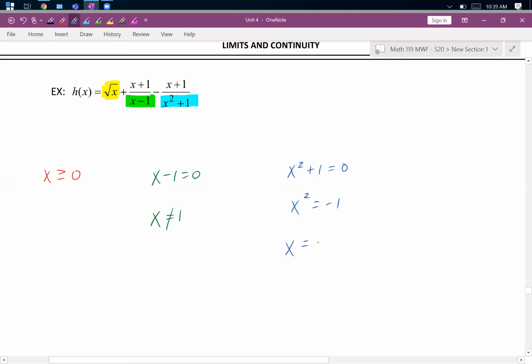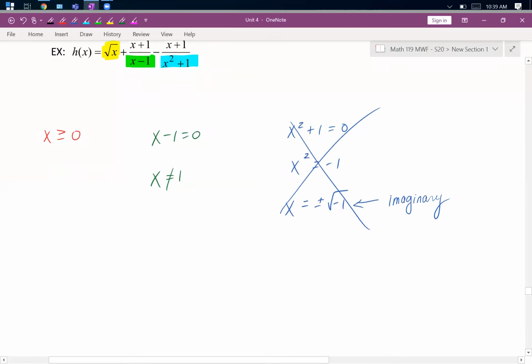And we get x equals plus or minus the square root of negative 1. This is imaginary. Well, we know that we don't have imaginary numbers on the Cartesian plane, so this does not yield an additional exclusion. So all we're dealing with is x is greater than or equal to 0, but it can't be equal to 1. We could draw this out if we wanted to help ourselves. So I can't be 1, and then I've got to be greater than or equal to 0.